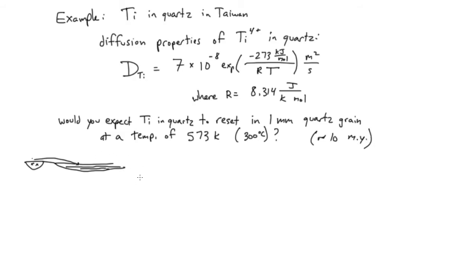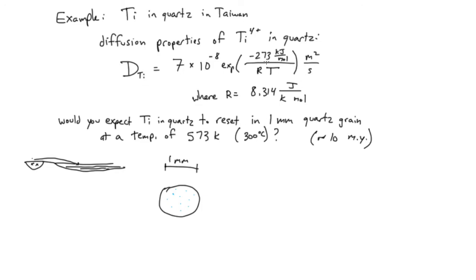And so the question was, if you have a quartz grain, so this is our 1 millimeter grain. We'll make titanium a little blue, because it's got a certain concentration of titanium. When it's heated up, that titanium is going to be unstable. It's going to want to leave, or readjust, but it's only going to be able to do that if diffusion is possible.